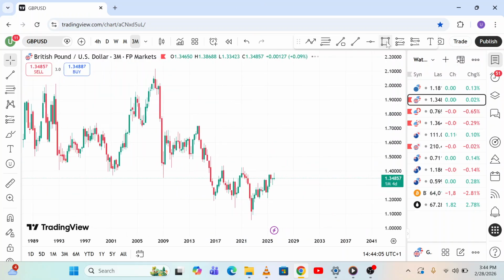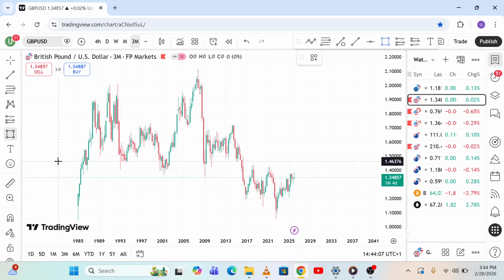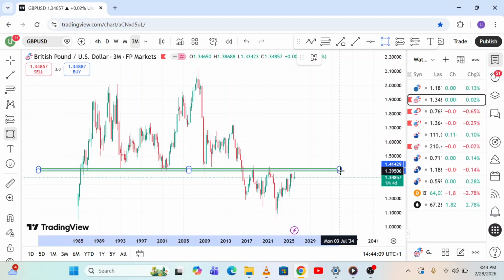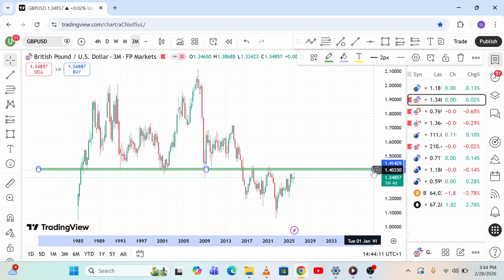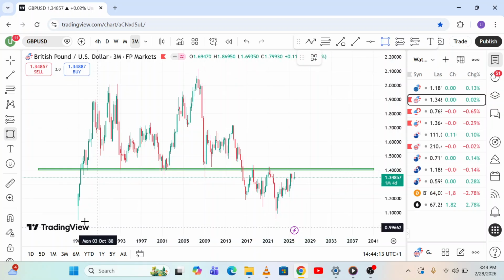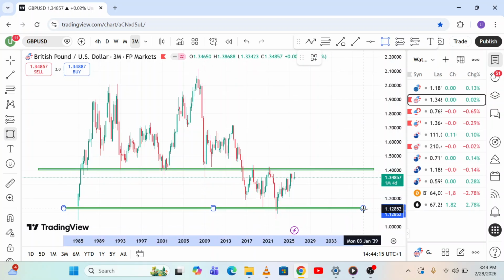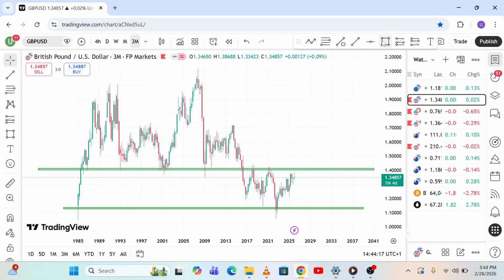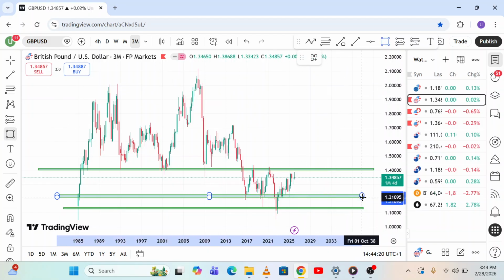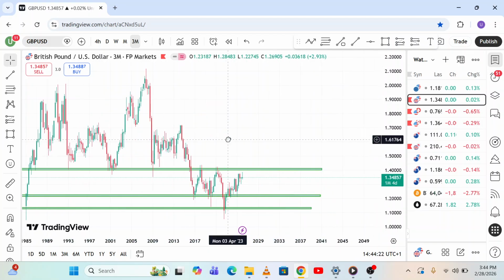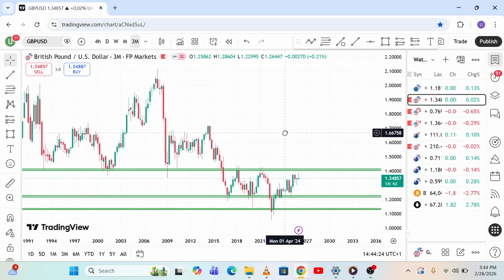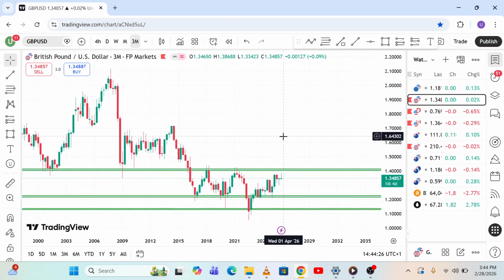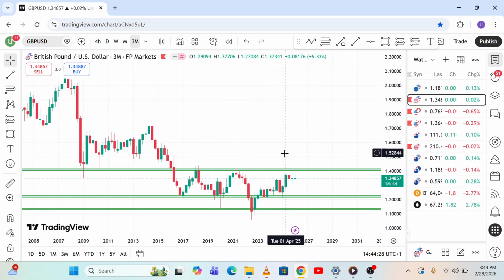And so as you can see, in the 3-month time frame of GBP USD, we have the 3-month higher zone, lower zones, and then you have the midway zone. In the 3-month time frame, the GBP USD is a little in a consolidation zone.